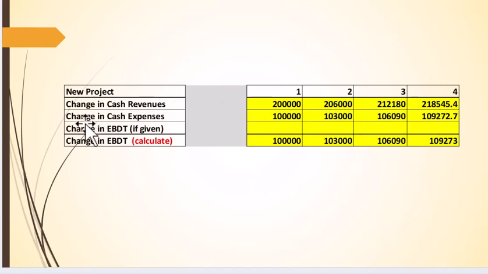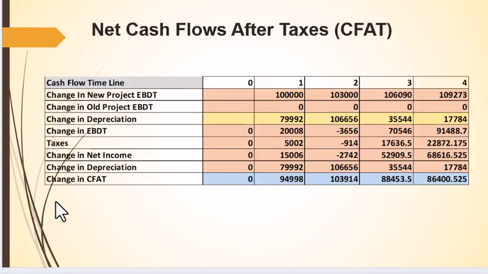Then we're also going to change our cash expenses. What is that change going to be? We calculate it here. This is ultimately going to be our change in earnings before depreciation and taxes. So this is essentially the first step in our income statement for this particular project.